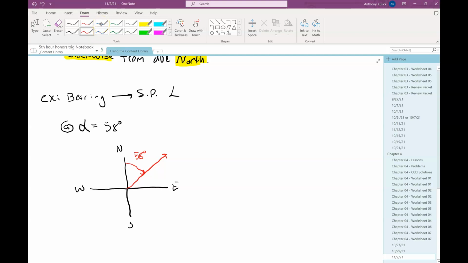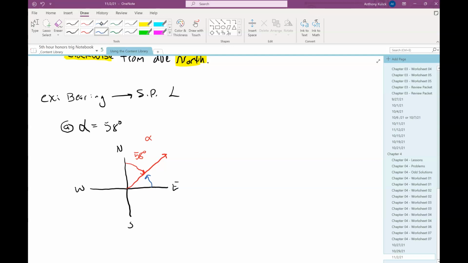My standard position angle then starts on the positive x-axis, that's the east line, and goes counterclockwise. So what does that angle have to be? Grace, are you raising your hand?